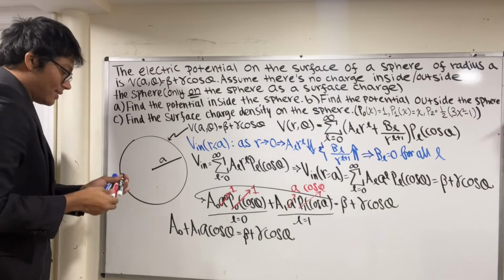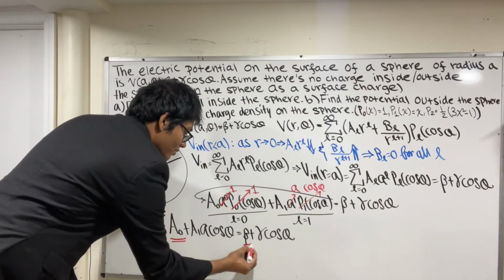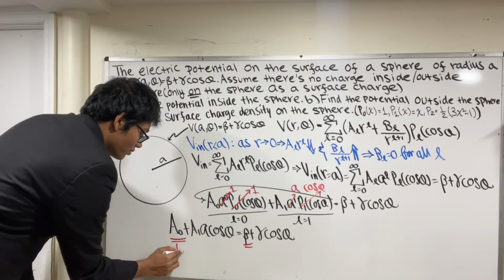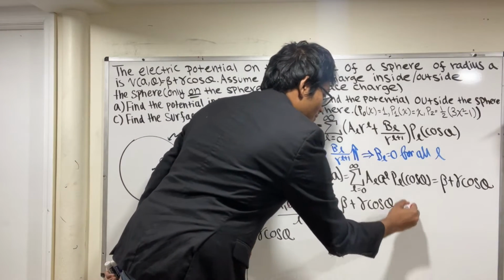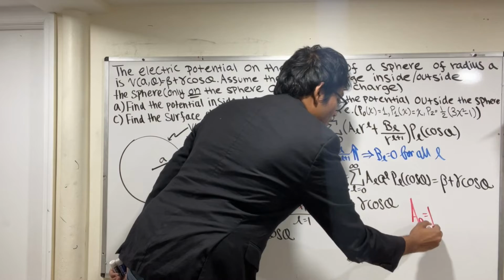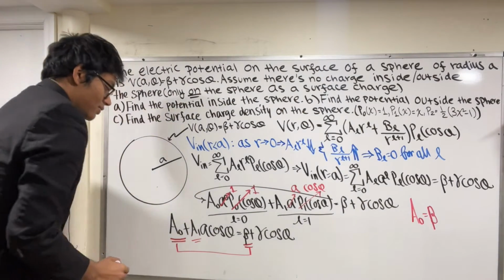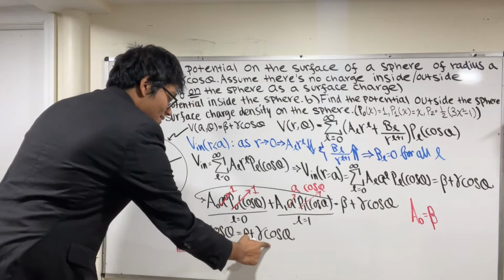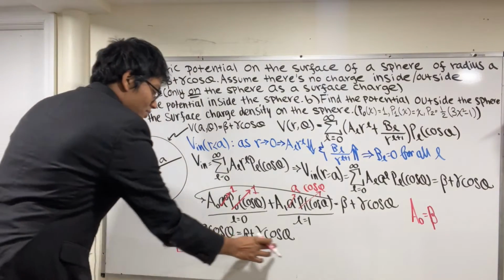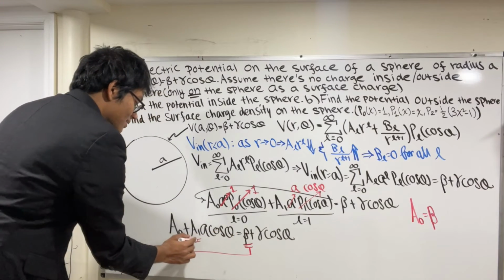Now we can make the comparison. Notice that A sub 0 and beta are going to be equal. So let's write that down. A sub 0 is beta. Okay, what about A sub 1? Well, A sub 1 times A cosine theta is gamma cosine theta. These cosine thetas match, hence A sub 1 times A must match this gamma.